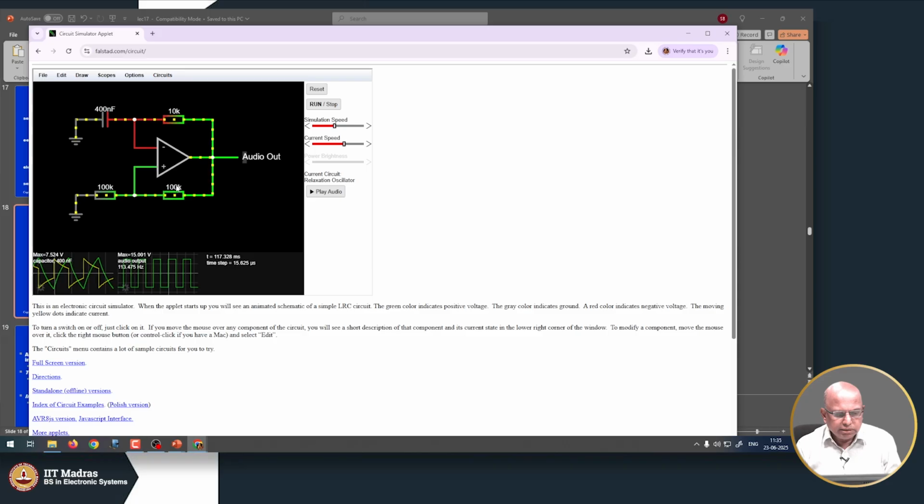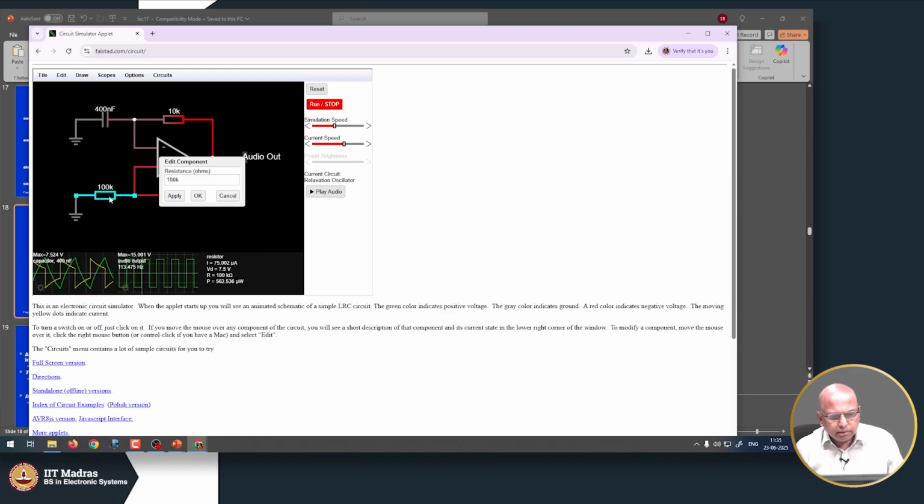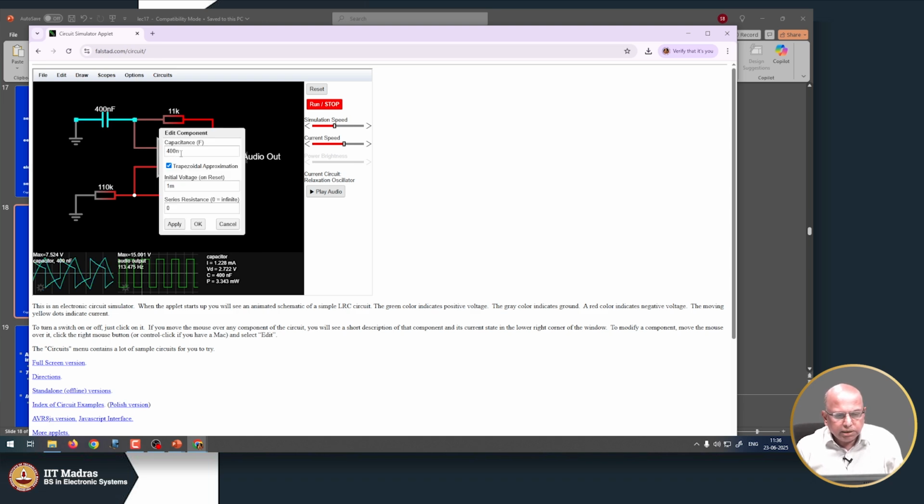If let us say these resistances have some tolerance, so this became higher, this also became higher, this also became higher, and there was a variation in this capacitance also, it was 390 nanofarads.